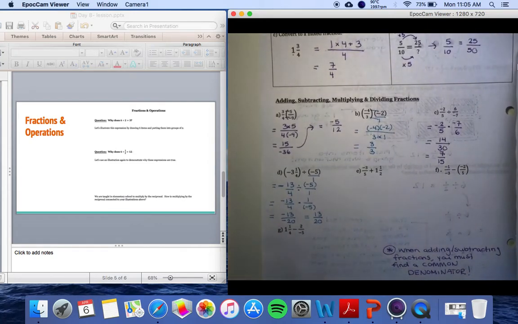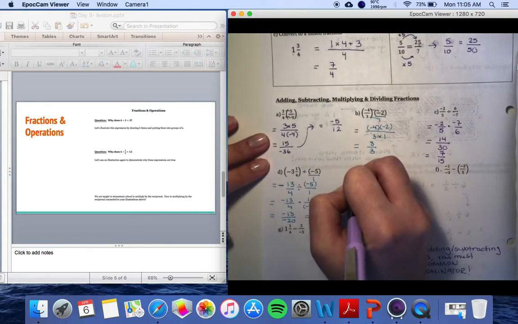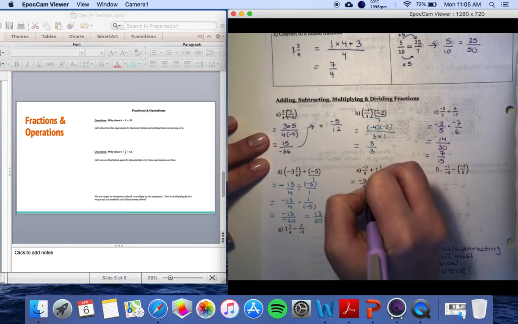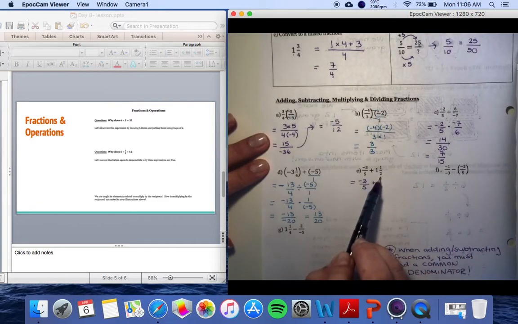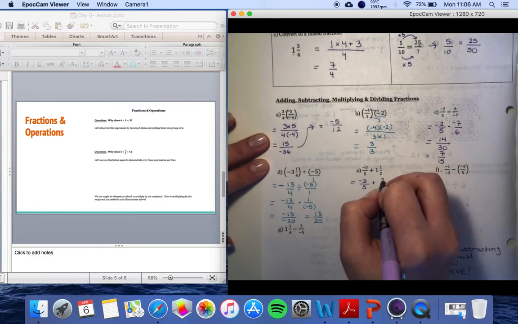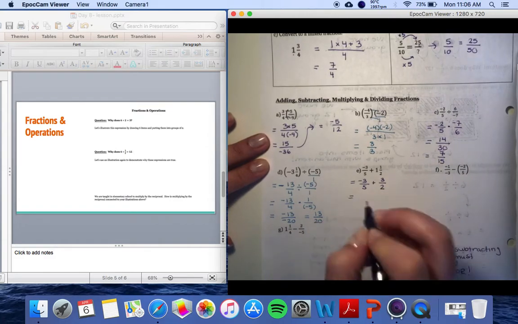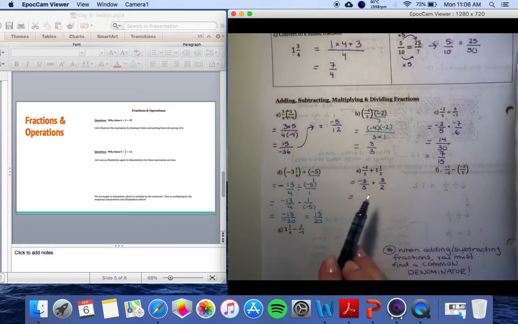Okay, so for this example here, I have -3 over 5 plus, converting this to an improper fraction, 1 times 2, that's 2, plus 1, we have 3 over 2. So what we need to do in order to get our common denominator here, our greatest common factor between 5 and 2, in this case, is 10.